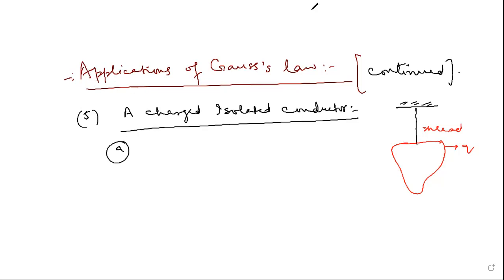So that was result A. Now I move to result B of the isolated conductor. Right now I have an isolated conductor. All the charge is on the outer surface.